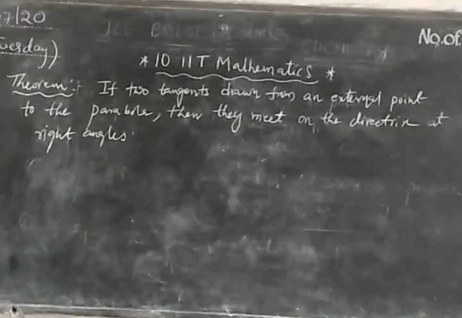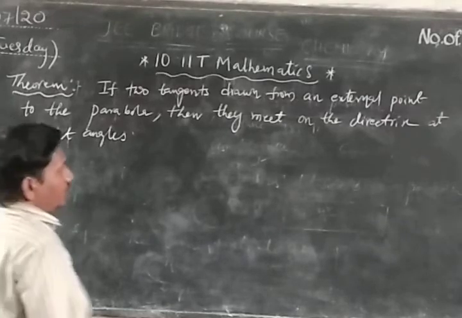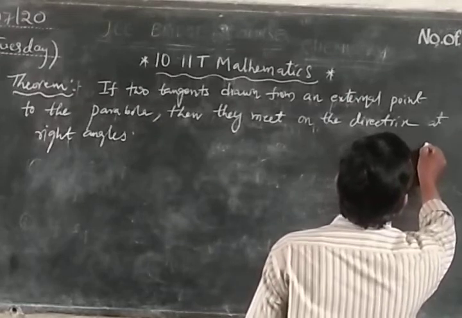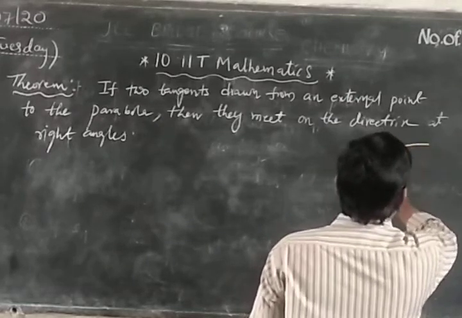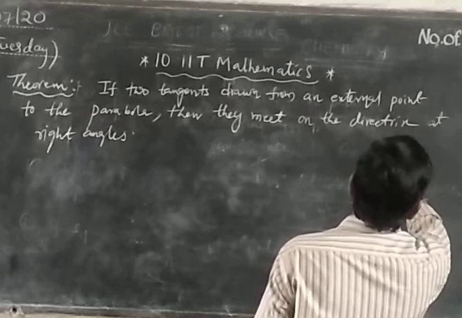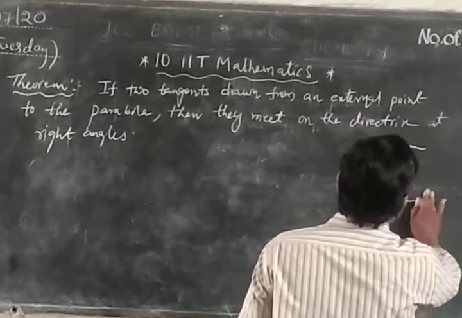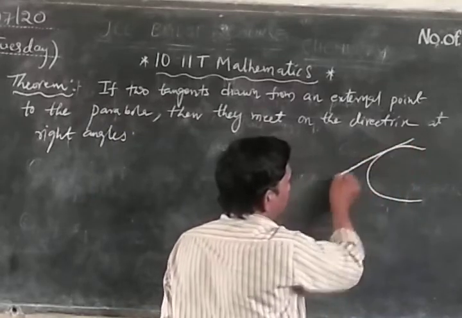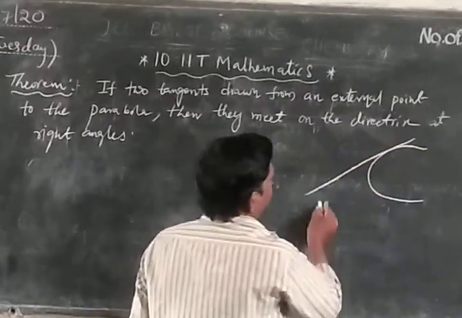Now take the diagram. This is the parabola, y square equal to 4ax, and we have to take two tangents.